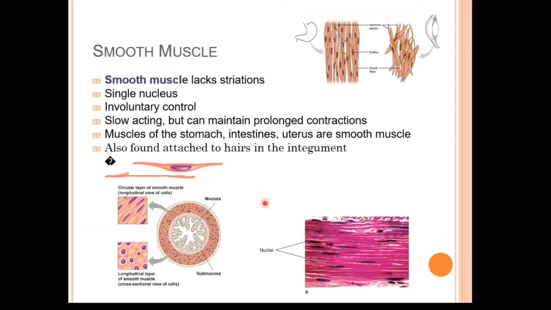The third type of muscle is the smooth muscle. There you see the diagram. These are the muscles which are present in the blood vessels, in the alimentary canal, in the stomach, and in all digestive glands, which are responsible for the movement of liquids or solids through the body viscera. Again, these muscles are under involuntary control.